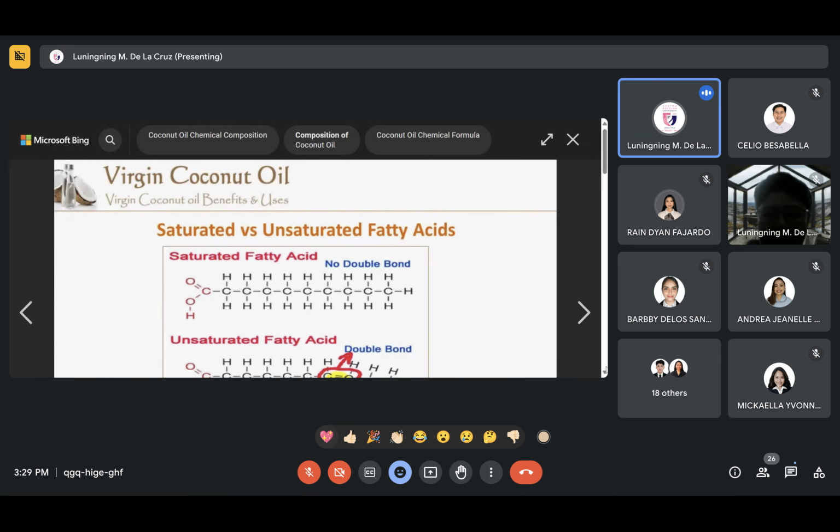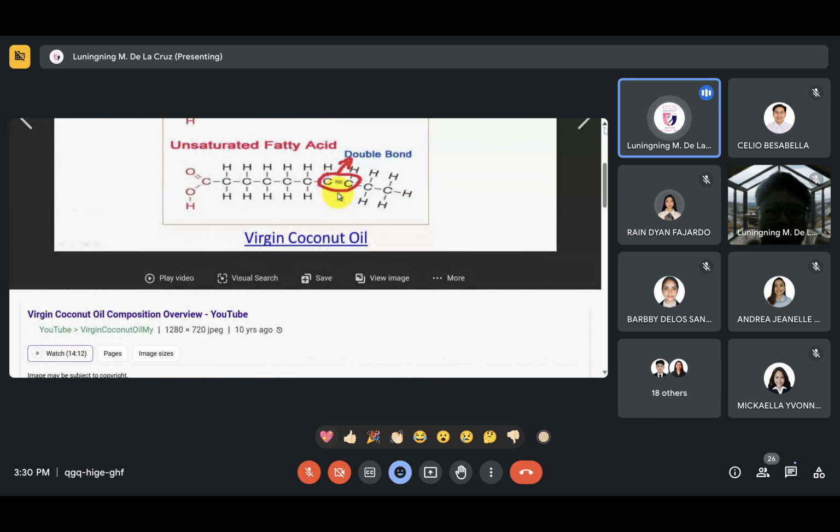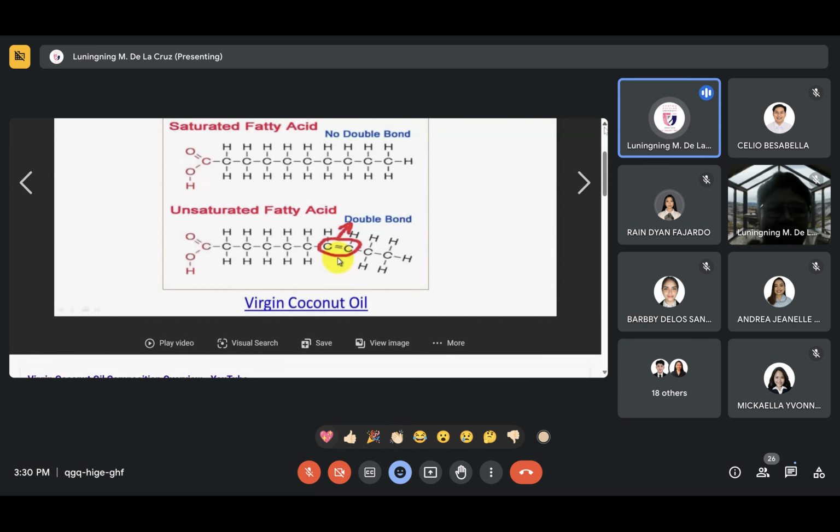So, it is a saturated fatty acid. Now, compared with our virgin coconut oil, our virgin coconut oil has a double bond and it is an unsaturated fatty acid. And we have what? A test for unsaturation. So, this one is a virgin coconut oil, not the virgin olive oil.